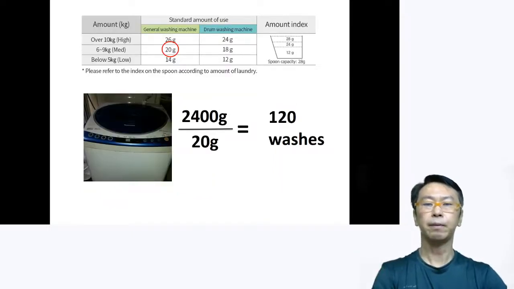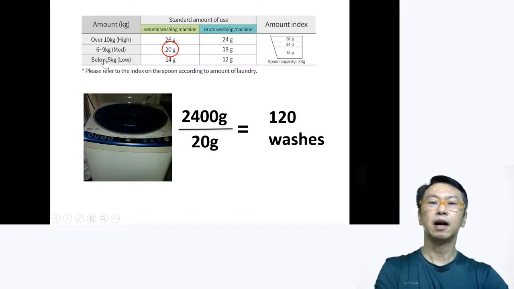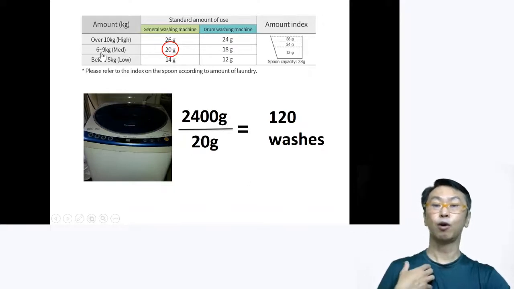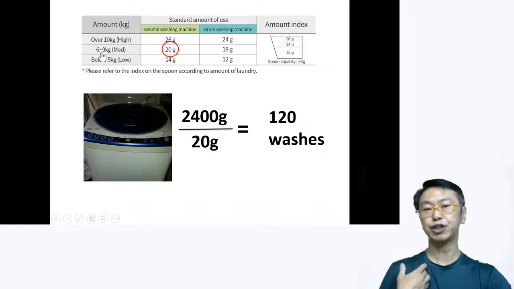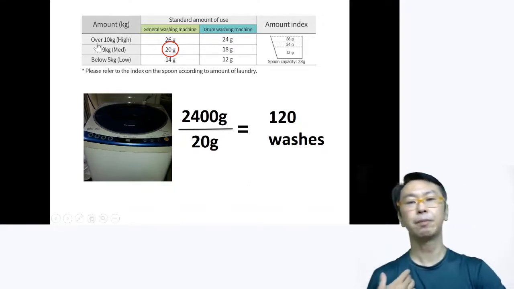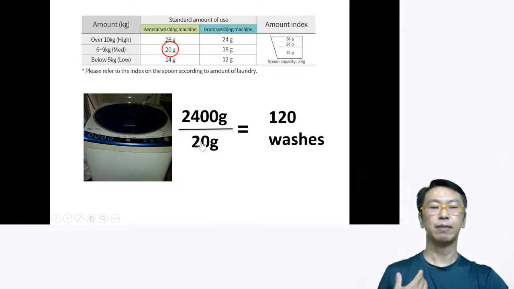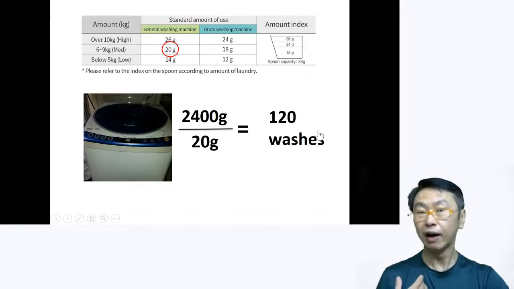Okay, for this detergent, this is the calculation that I did. Ours is 24 kilograms, so 240 gram divided by 20 gram, because for my home use, my washing machine is 8 kilogram. So I took this range, divided, I can do 120 washes.